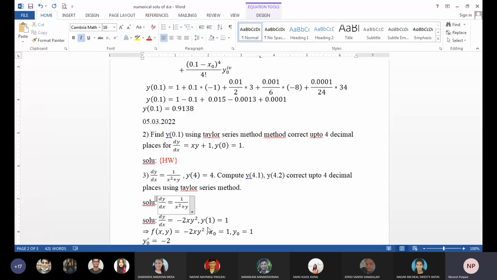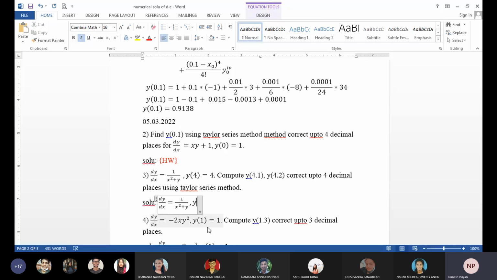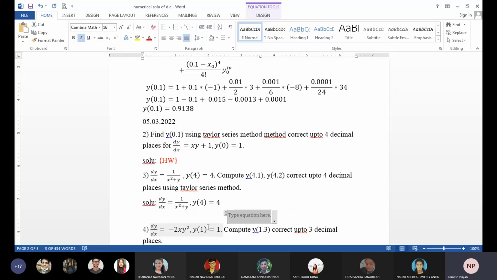So we have the equation dy by dx equals 1 upon x square plus y, with y of 4 equals 1. This is the initial value problem which is given.